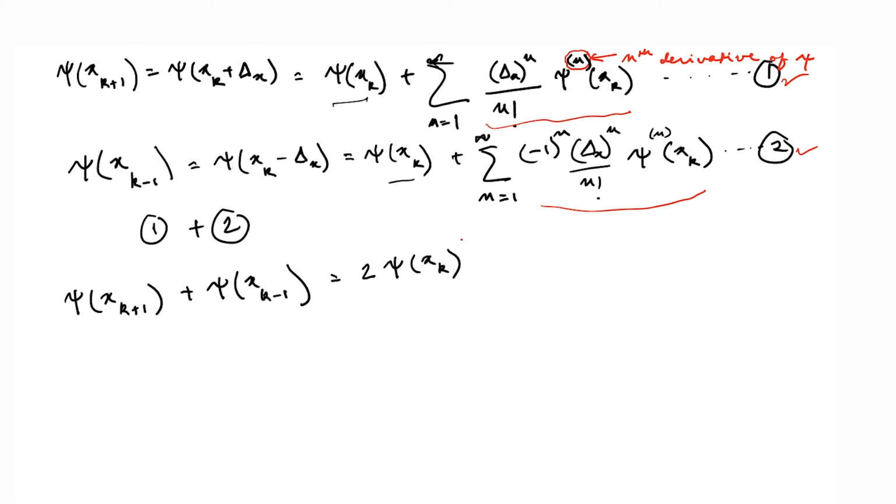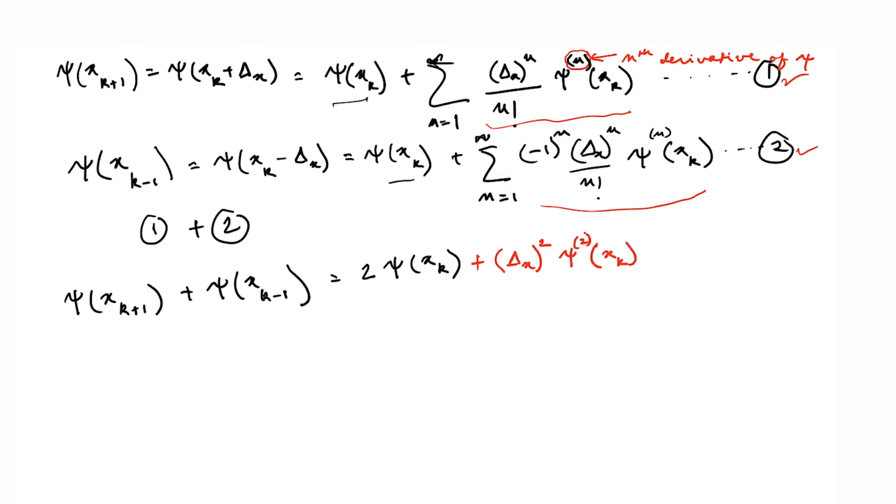If I collect them, what I will get is the following: delta x square psi 2 x k.